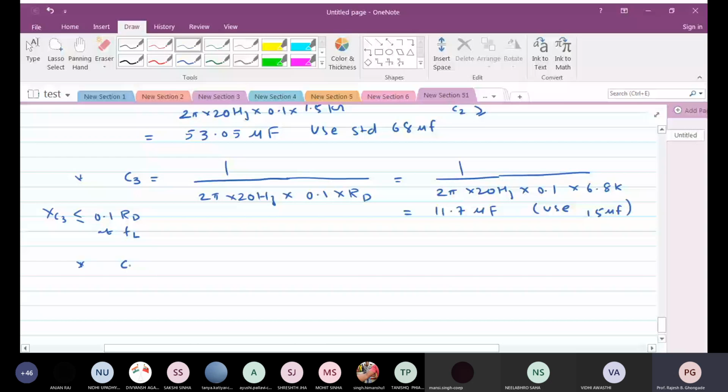Now this C4 involves 2 pi into FH. This is the difference. Into RD parallel RL, but RL is very high, so it turns out to be RD only. So I'll approximate it this way.